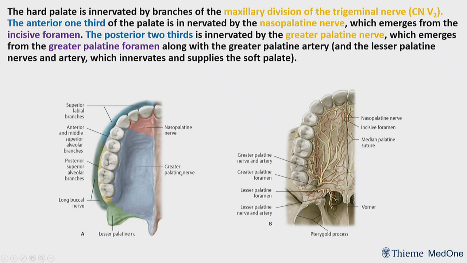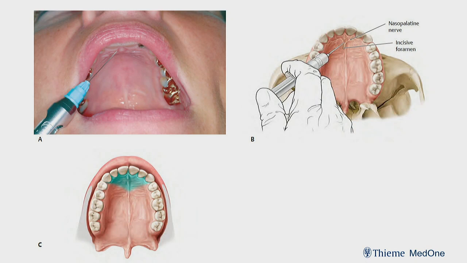So those are all the nerves that you can see, and the areas determined by the color, innervating this region, and it's very important for the clinical application of anesthesia.